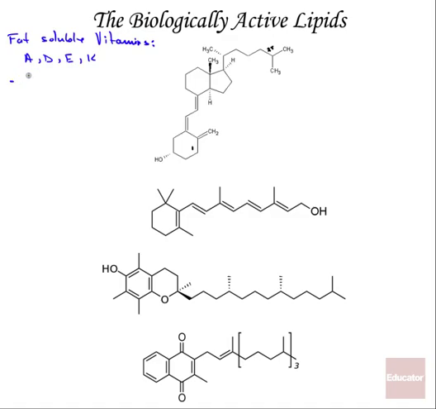These are isoprenoids made by the condensation, just a fancy word for putting together, made by the condensation of multiple units of the molecule isoprene.